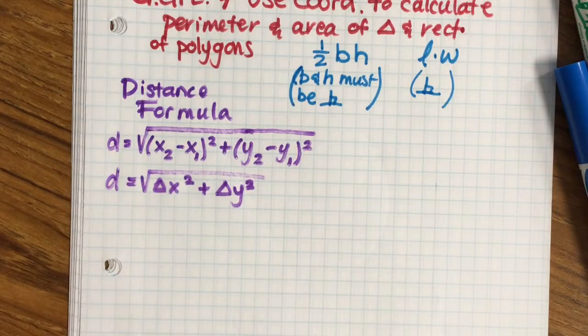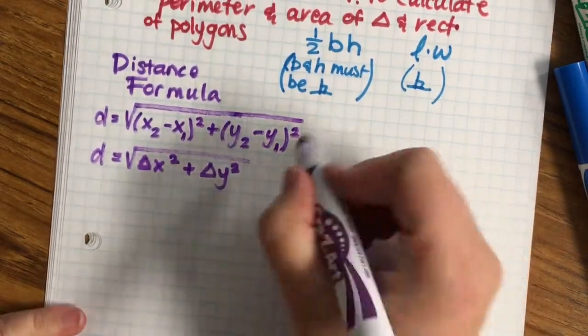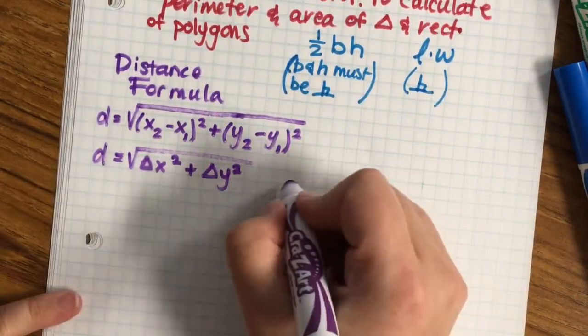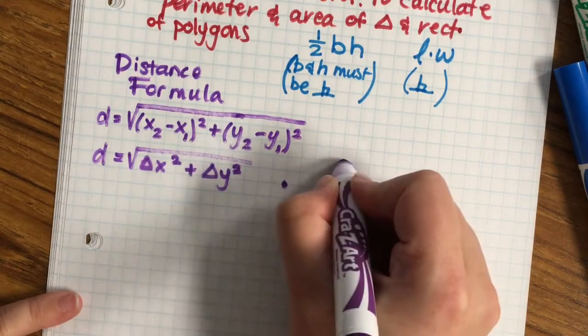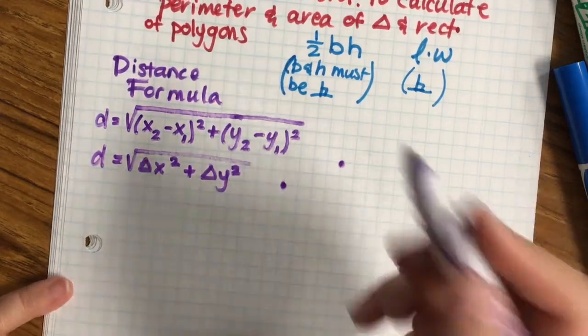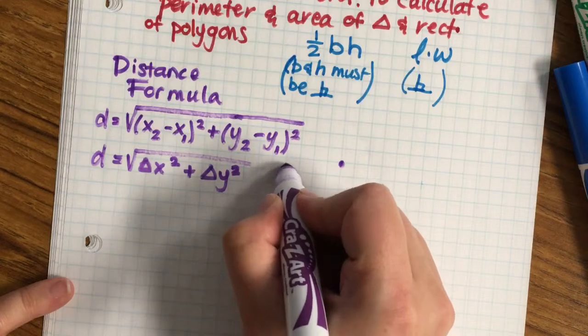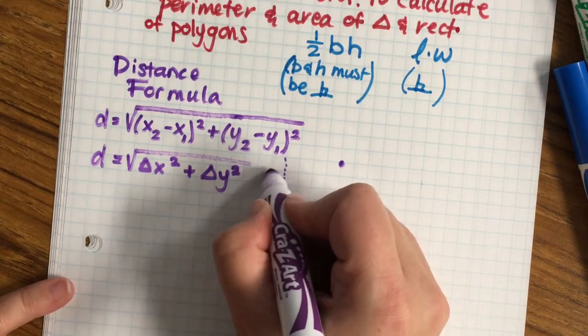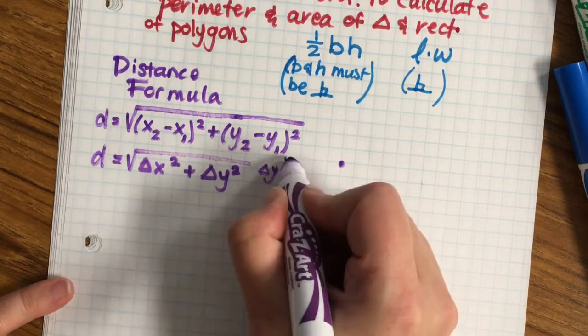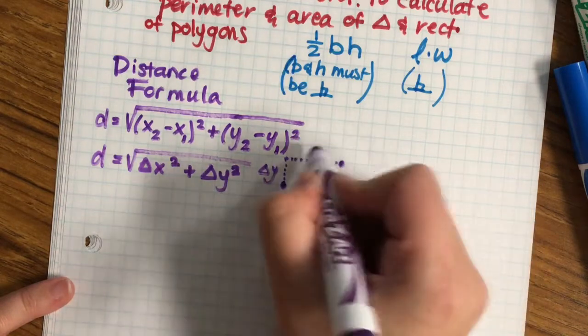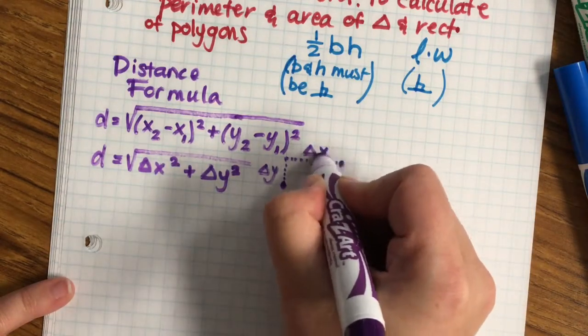Let me give you a visual representation. If I were given 2 points on a graph, like this point and that point right there, to go up, that is the change in the y's, and I'd have to go over, and that's the change in the x's.